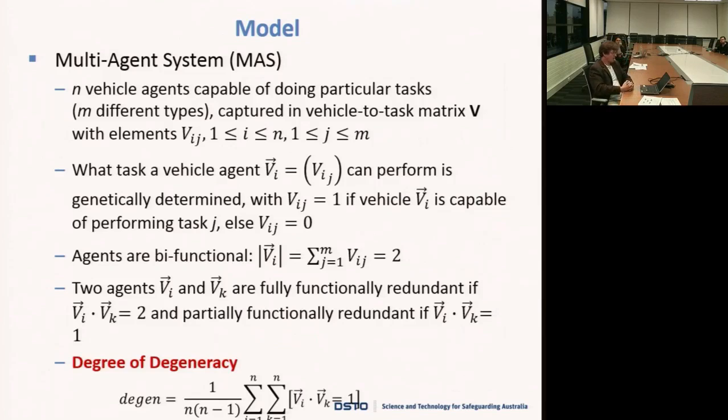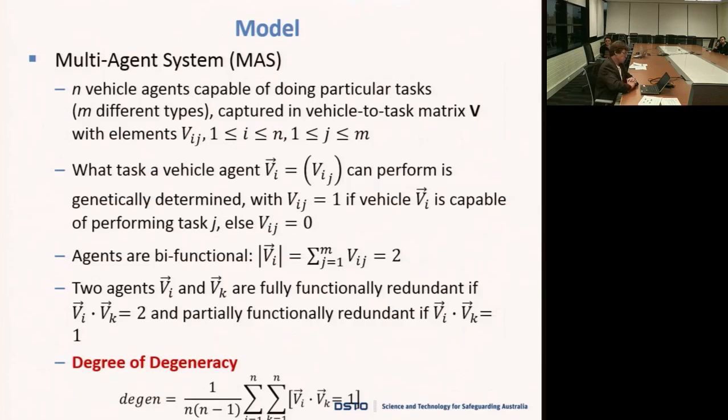We make them bifunctional for simplicity, but you can generalize to agents that can perform more than just two different tasks. For the demonstration of the concept, this was more than sufficient.